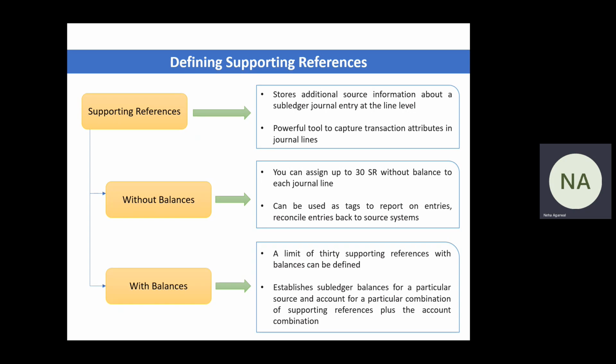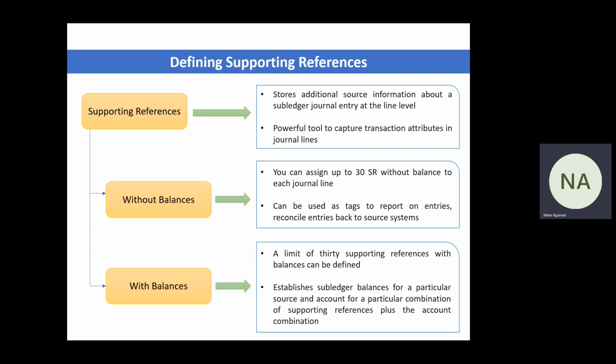For without balances, you should consider if you can use a general entry header or line description if no balance is maintained for a supporting reference and no supporting reference details are needed for reports. Using supporting references instead of description may impact accounting engine performance.